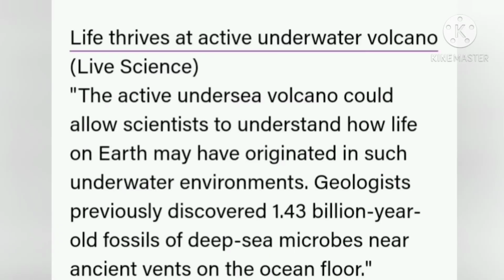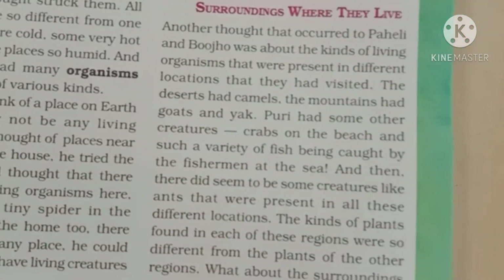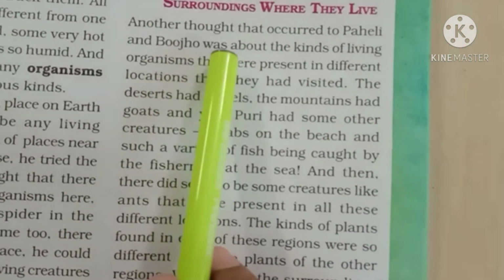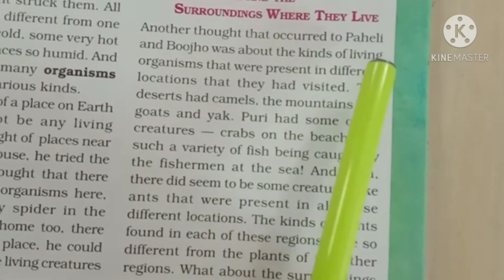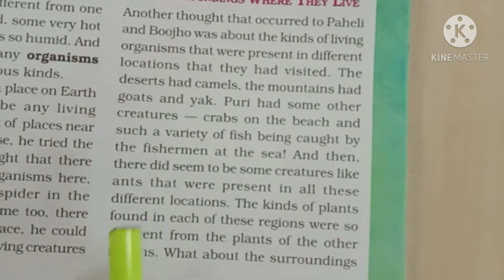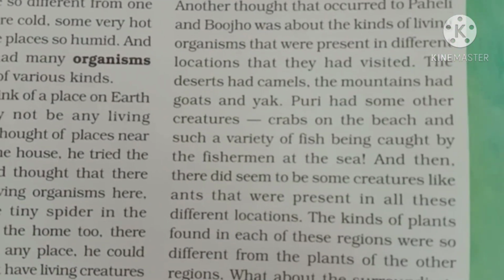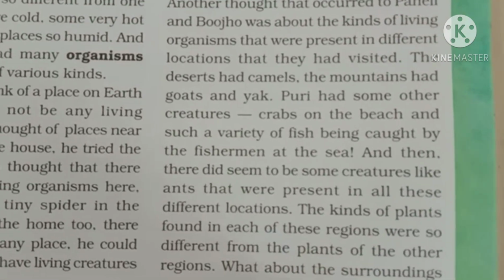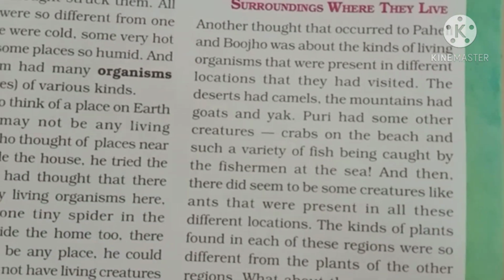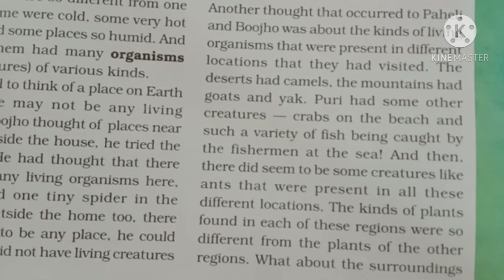Please go through the article given here. Now the first heading: organisms and the surroundings where they live. Another thought that occurred to Paheli and Bujo was about the kinds of living organisms present in different locations that they had visited. Now they visited a mountainous region, a desert region and a beach, a coastal region.